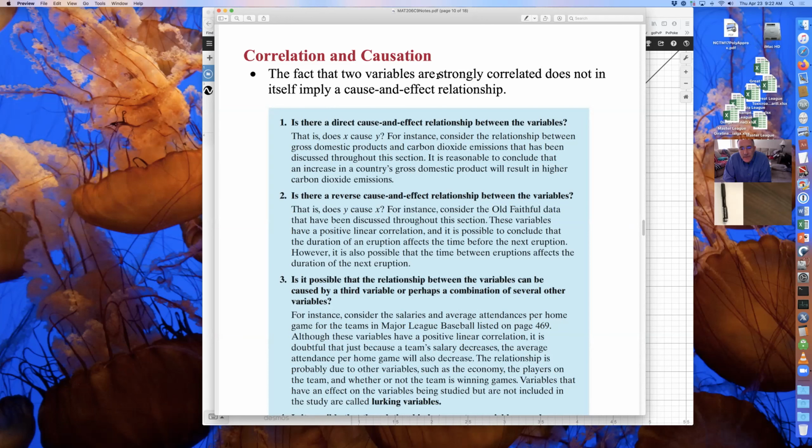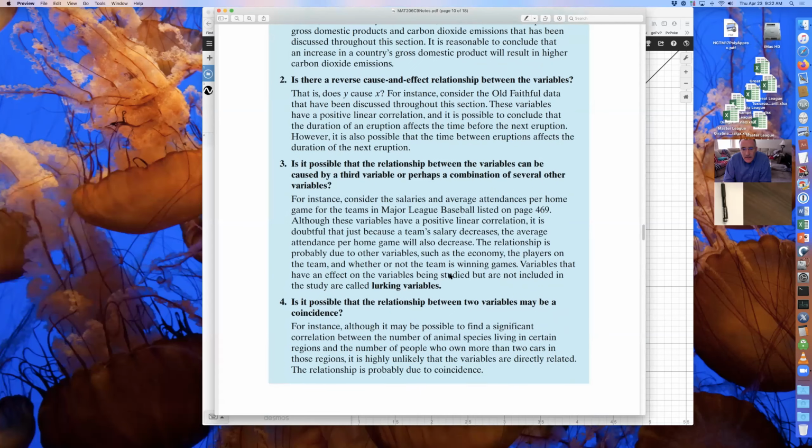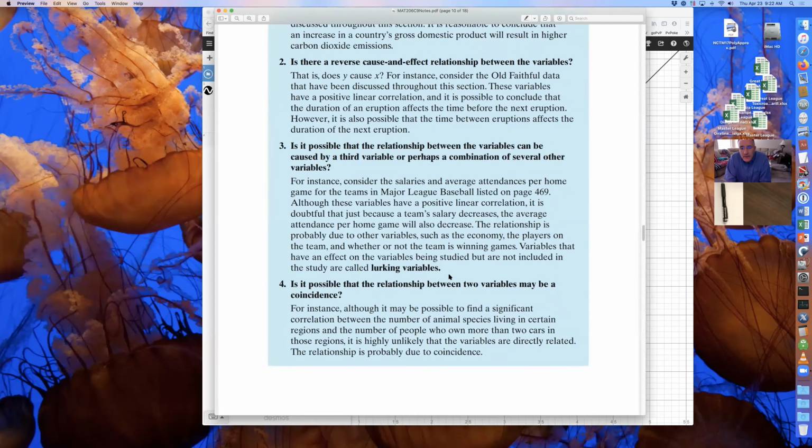And there are several scenarios for you to consider in the book. Here's one down here that I'd like you to consider. It's salaries and average attendance per home game in Major League Baseball. If you graph the variables, there's a positive correlation. But the question is, does the team's salary cause a better attendance?